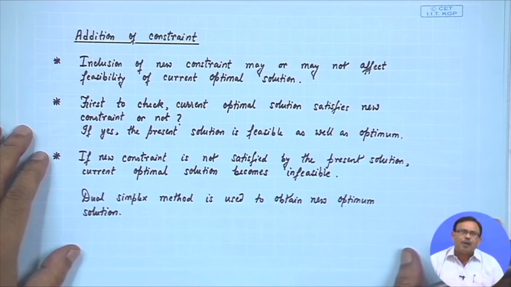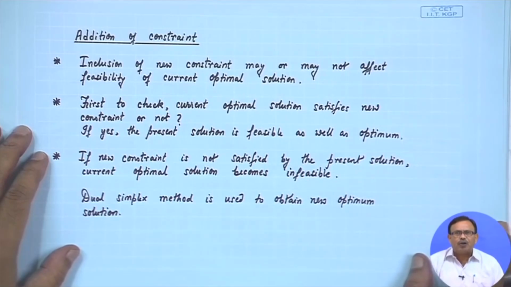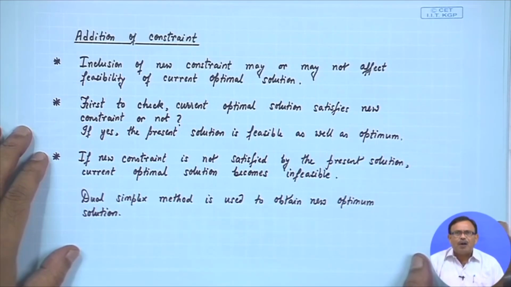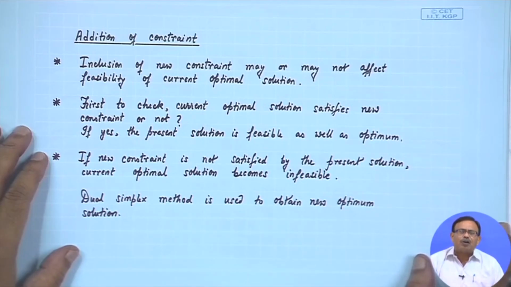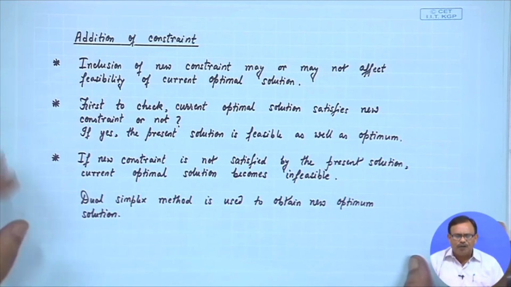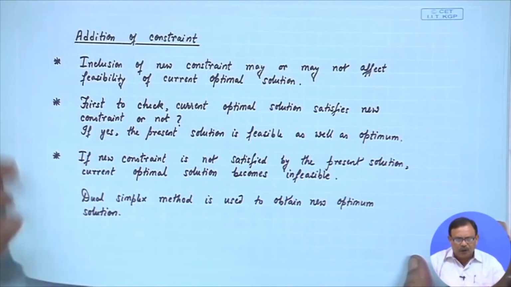So, in other sense, whenever I am adding a constraint, if the new constraint is satisfied by the feasible solution, then the old solution will remain the solution of the new problem itself. But if the new constraint is not satisfied by the present solution, then the solution of the old problem will not be feasible. So, I have to reformulate the problem.